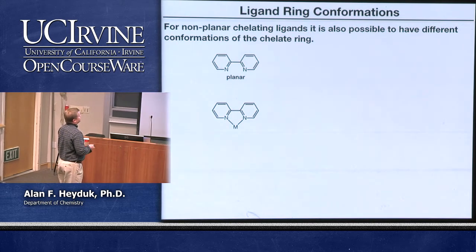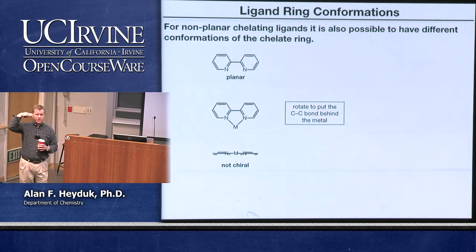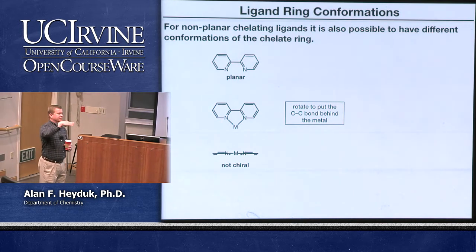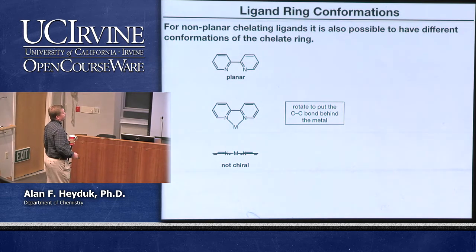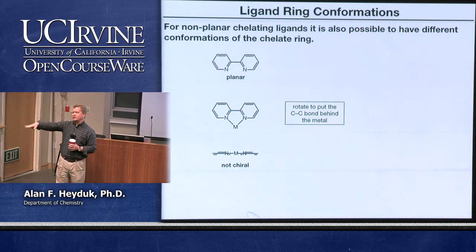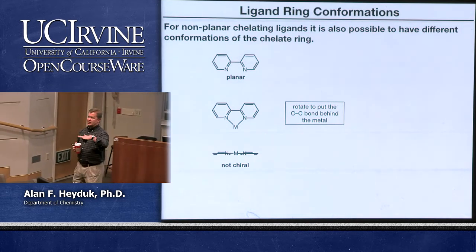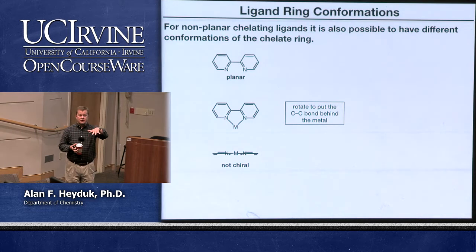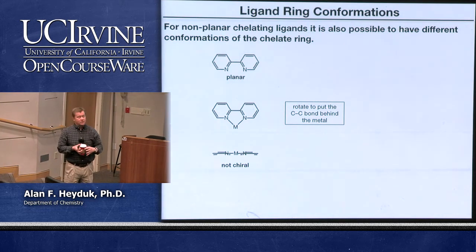If we rotate it down so that we're looking down the plane defined by the metal atom and the 2 nitrogen ligands, what we would see is that it's completely planar, right? So that individual metal chelate ring unit has a mirror plane. Okay, so it can't be chiral.